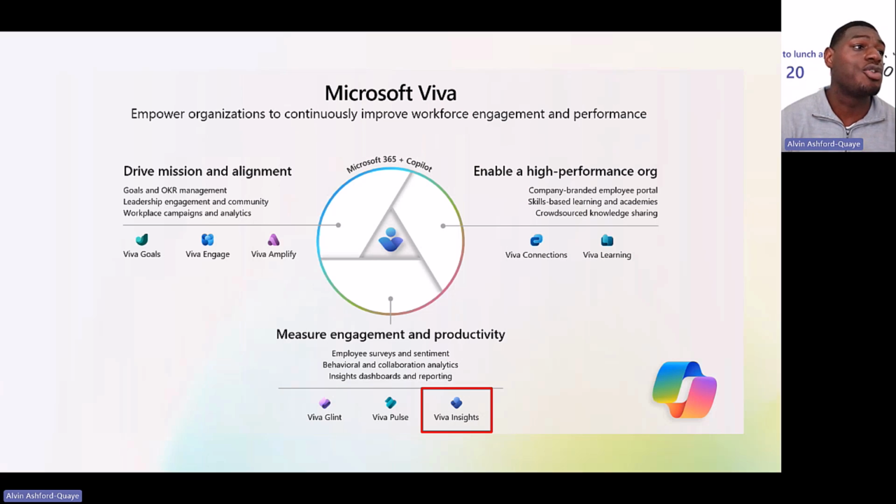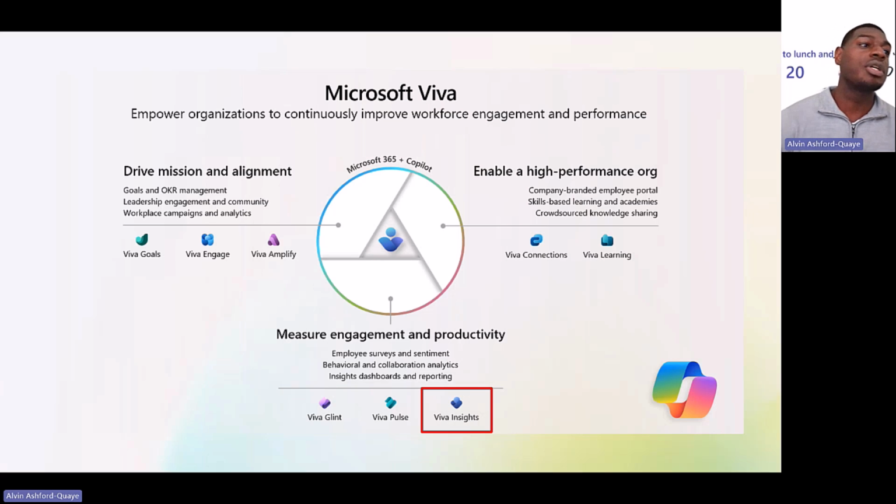Microsoft provides you with two forms of an employee survey platform. One is an all-encompassing survey platform with Viva Glint. Then you also have Viva Pulse, which is a smaller version which can be utilized by managers. Where we'll spend most of our time today is really focused on Viva Insights and the value that it does bring.